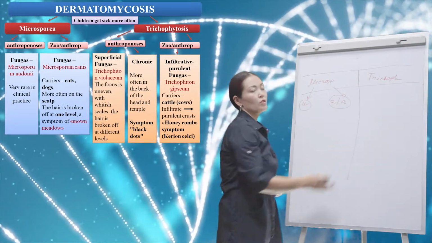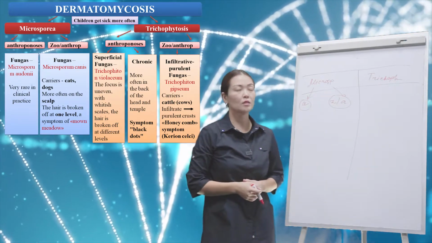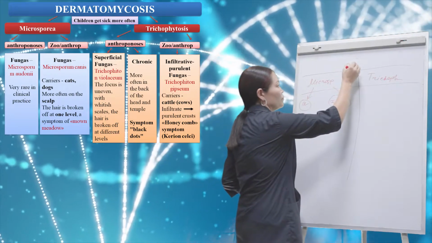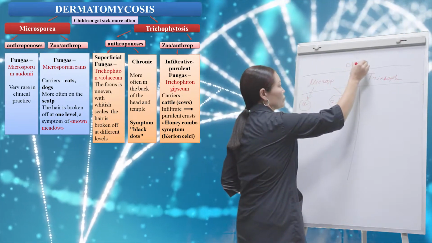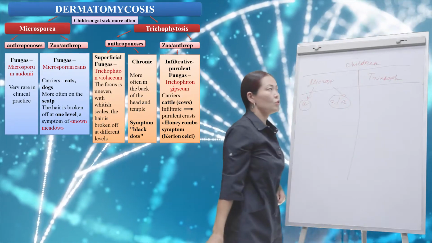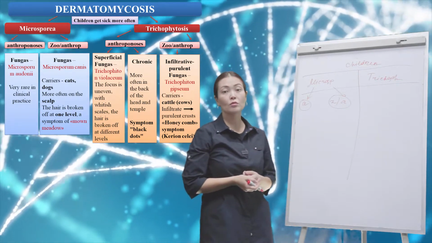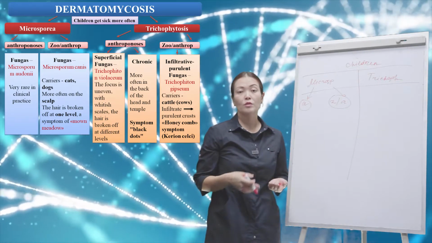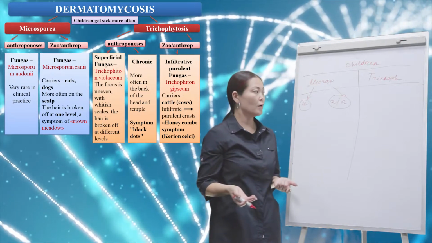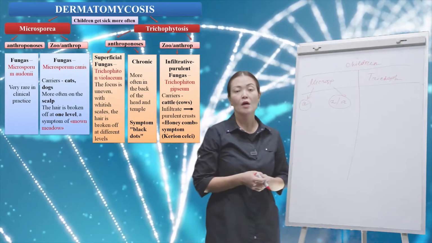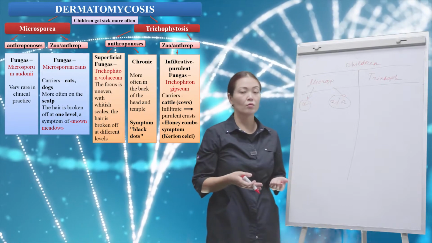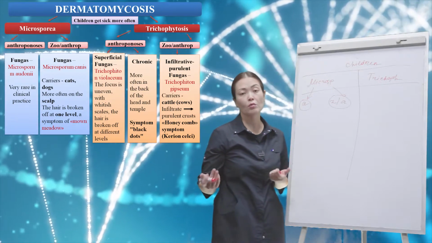Both of these groups of diseases you can mostly find in children. By epidemiology, mostly you see them in children, because they love to play with different types of animals, and sometimes the mom or father can't identify whether the animal they play with is ill or not.